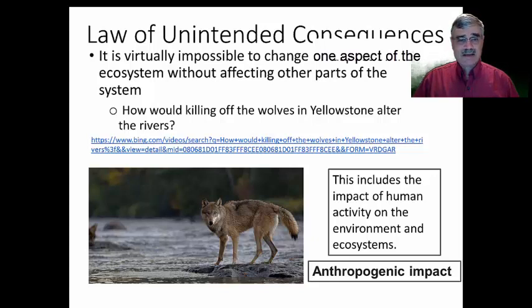An example of this that we may look at in class is the video on how introducing wolves into Yellowstone National Park actually altered the rivers, which you might think that doesn't even sound possible, but the video will give you an explanation of how scientists think that was a consequence of introducing wolves into that park. So the point is, this includes the impact that humans can have on the environment and ecosystems. What can be called the anthropogenic impact, or the impact of man on the environment.